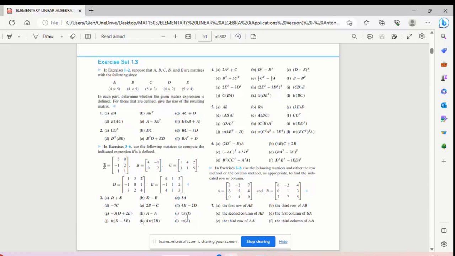Let's check. First entry in the first row, I agree, it will be 0. Second entry in the first row, I agree, it will be 0. Up to so far, I agree with you. Now we are going to the second row, first entry. That will be -1 minus into -1.